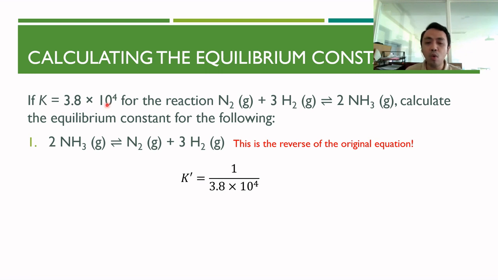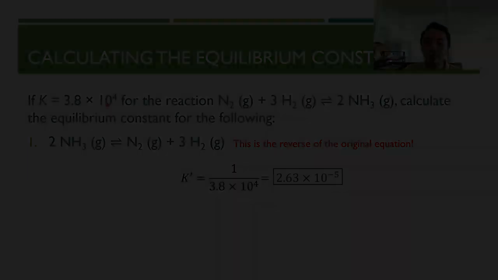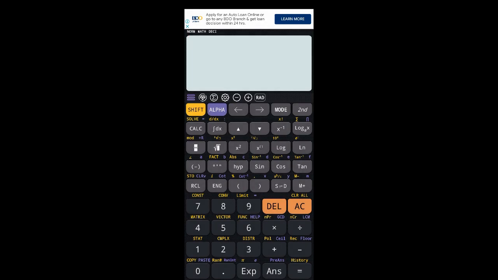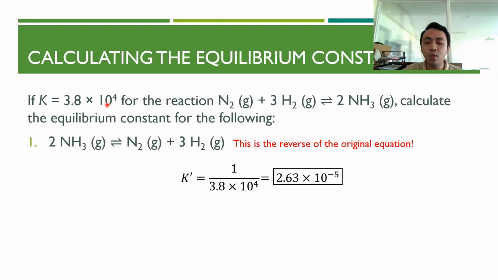So computing now 1 over 3.8 times 10 to the power of 4, we now get K prime, the new value of the equilibrium constant, to be equal to the following. K prime is equal to 2.63 times 10 to the power of negative 5.